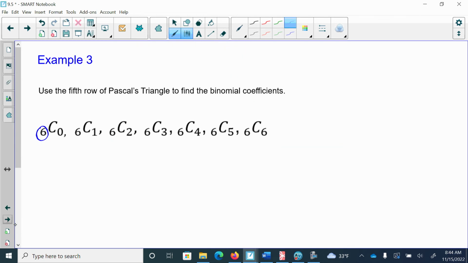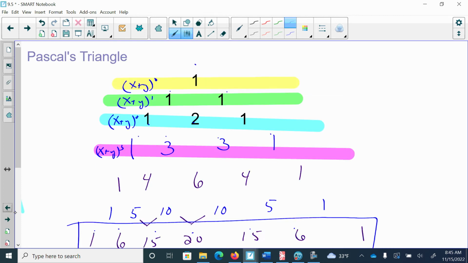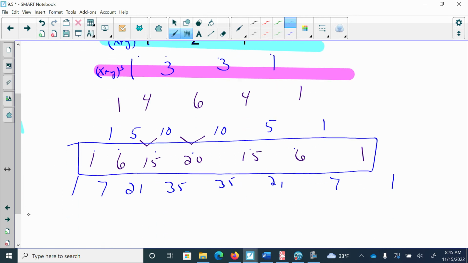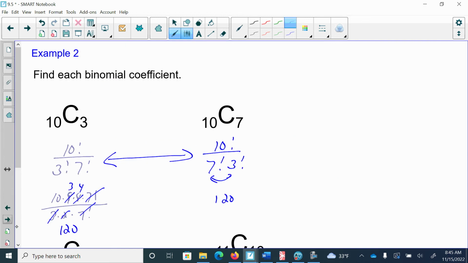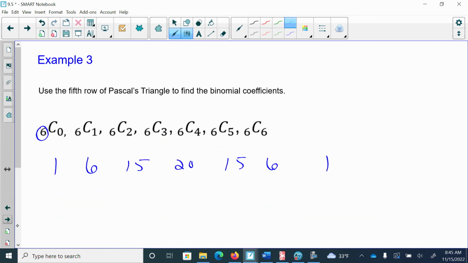And when I do that, I'm going to have that 1, 6, 15, 20, 15, 6, 1. So I don't have to do all the combinations if I use Pascal's triangle. This second number here should match this number here. See how that's a 6 everywhere.